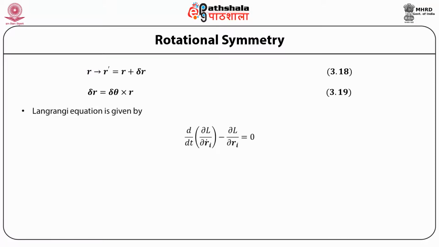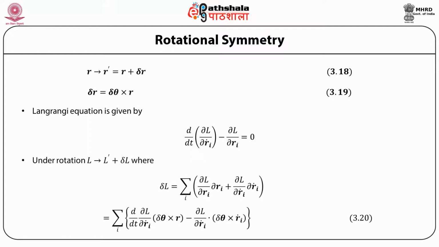Then the Lagrange's equation is given by d/dt of ∂L/∂ṙ_i minus ∂L/∂r_i is equal to 0, and under the rotation, as the Lagrangian goes to L plus delta L, then delta L is equal to the sum over i of ∂L/∂r_i delta r_i plus ∂L/∂ṙ_i delta ṙ_i.